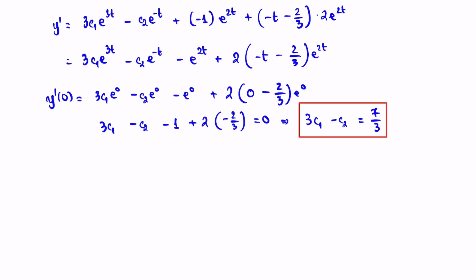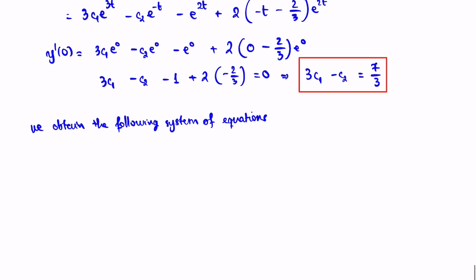Now, from these two equations, you can find the solutions for C1 and C2. So we obtain the following system of equations. You have C1 plus C2 equal to 5/3, and 3C1 minus C2 equal to 7/3.